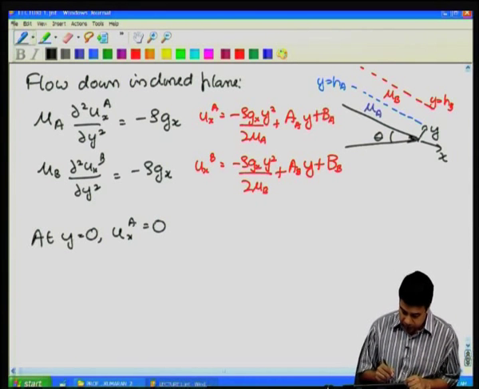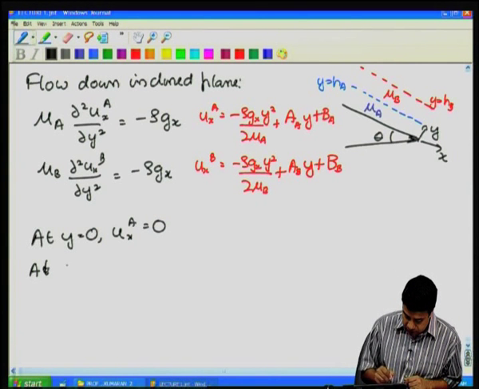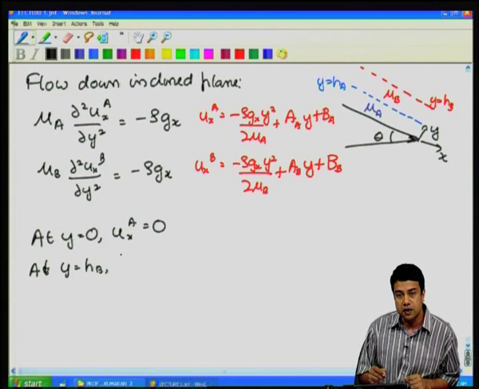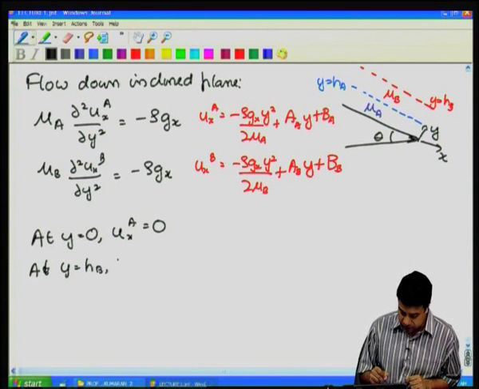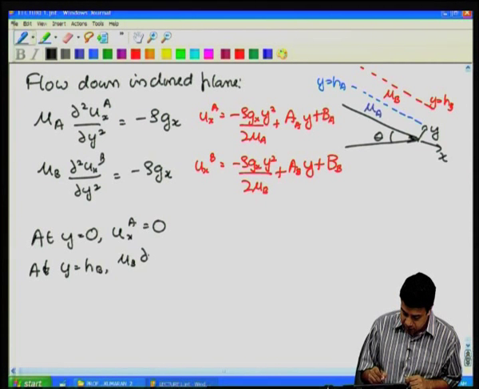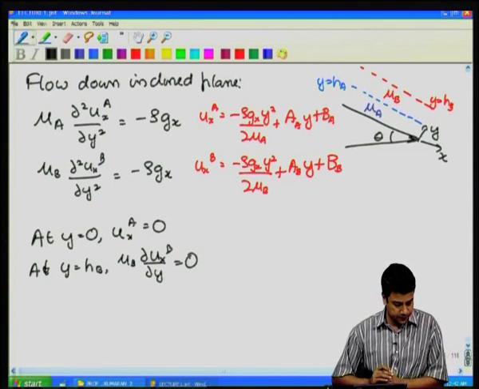At the top surface at y is equal to h B, the shear stress has to be equal to 0. That is mu B times partial u x B by partial y has to be equal to 0.